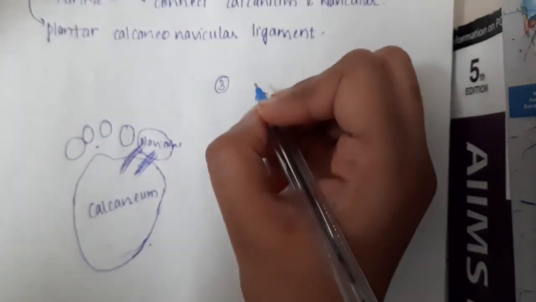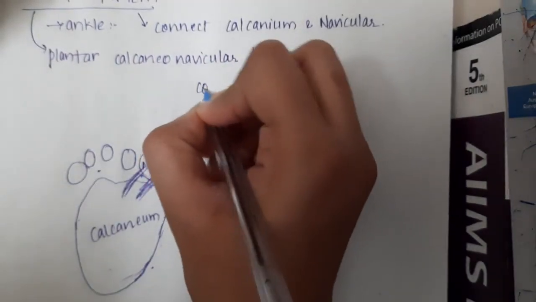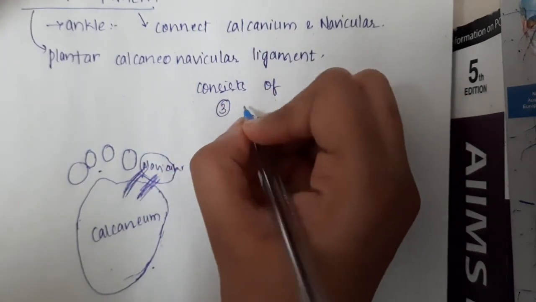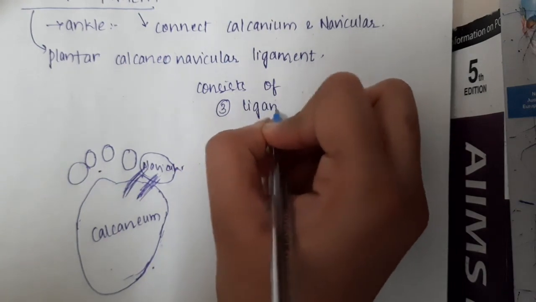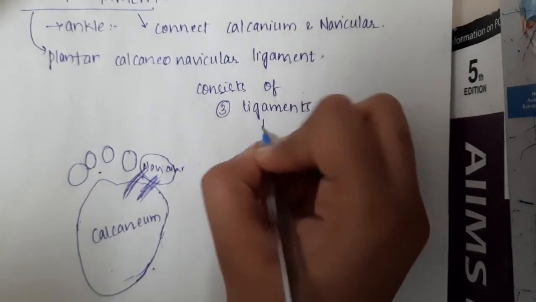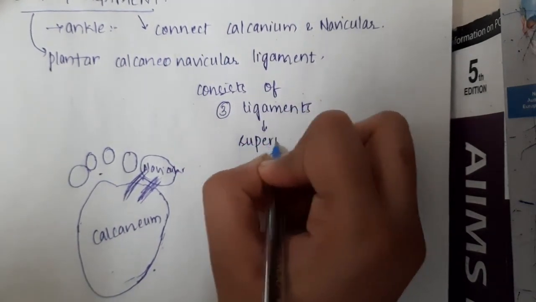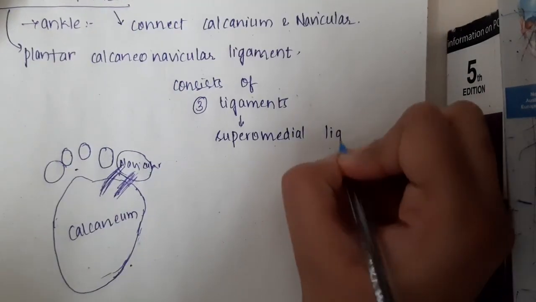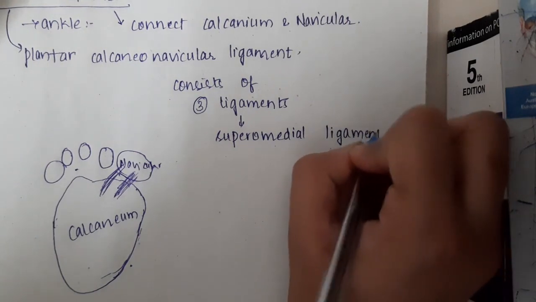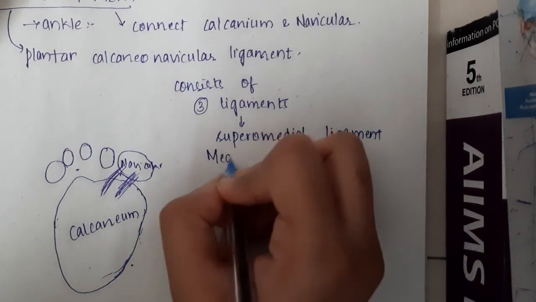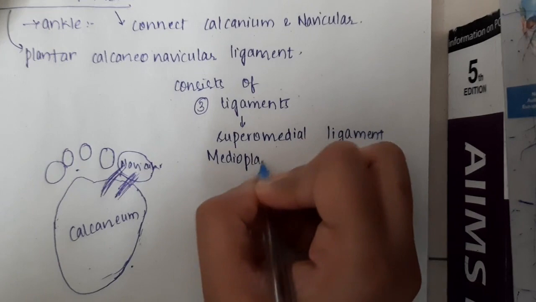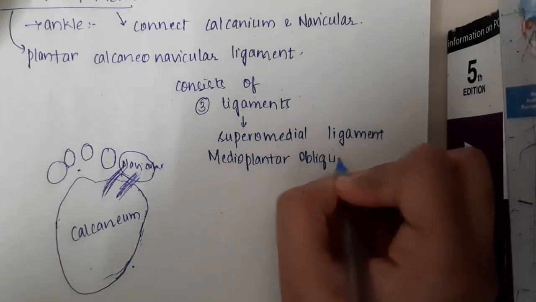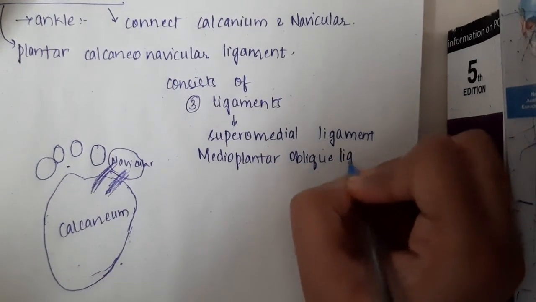So just remember that the spring ligament mainly consists of three ligaments. They include the superomedial ligament, and the medioplantar oblique ligament.